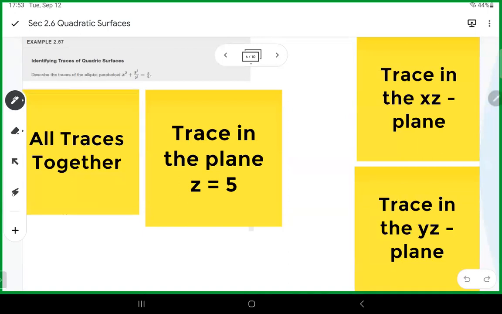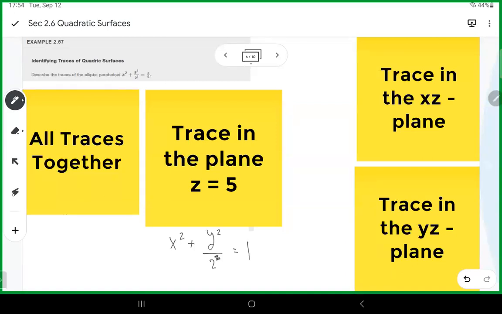Okay. So the trace in the plane z equals 5 is the graph of the equation. What we're doing here essentially is we're going to have x squared plus y squared over 2 squared equal to 1, because we're setting z equal to 5, which would be 5 over 5, which is 1.